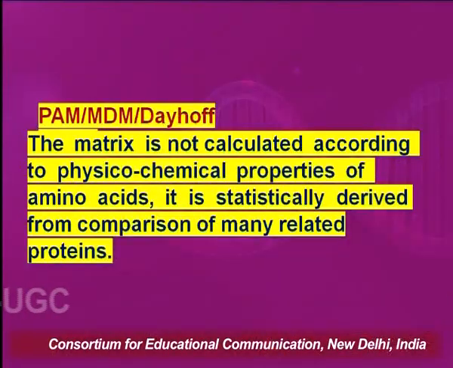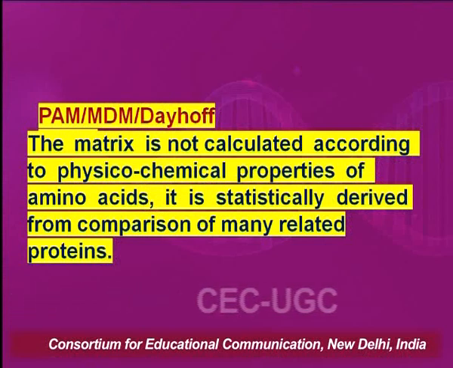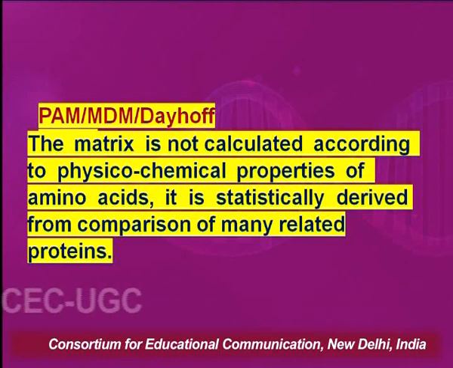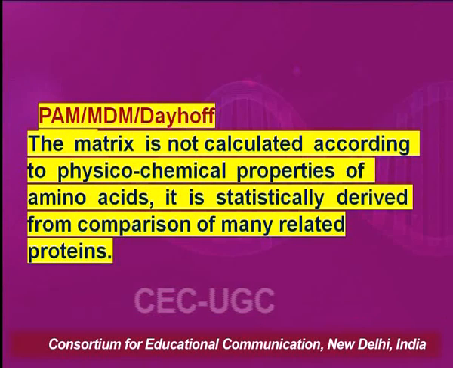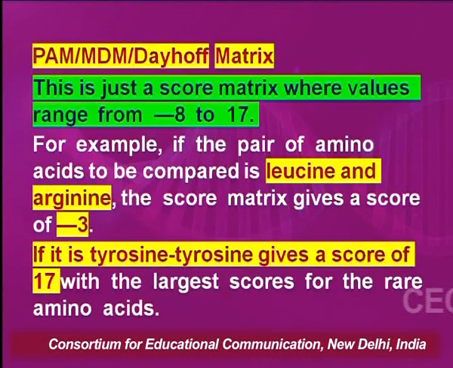So she developed a model of evolution based on similarity in the proteins, and she did not calculate the score in this matrix on the basis of physicochemical properties of amino acids. Rather, it was statistically derived by comparison from the related proteins, meaning what was observed in experience rather than the physical and chemical properties of the amino acids.